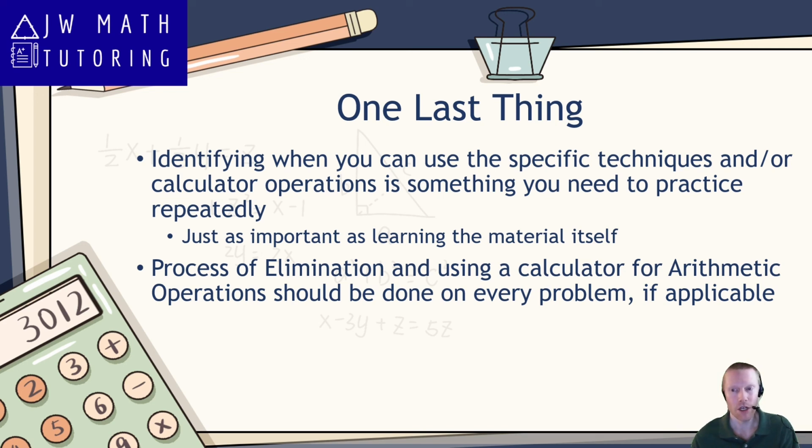But in general, you want to be in the habit of doing those on every problem that you can. So process of elimination should be a technique, or really a way to think about how to answer a problem, that you want to use as much as possible.